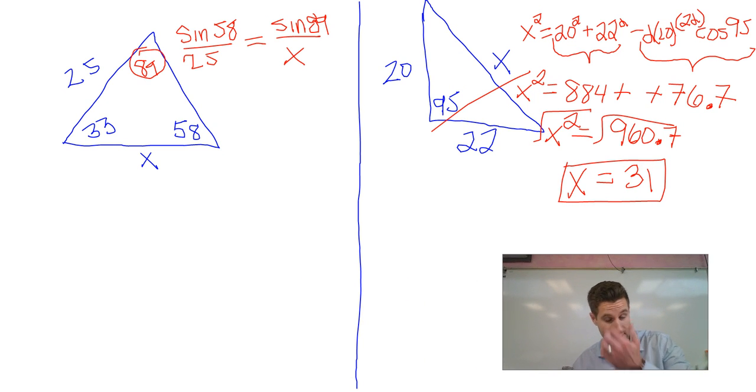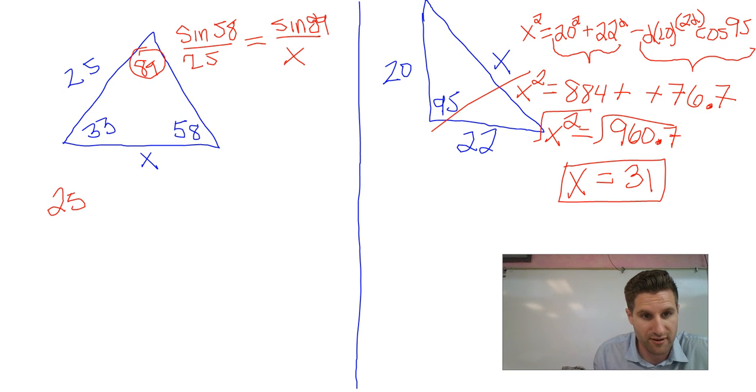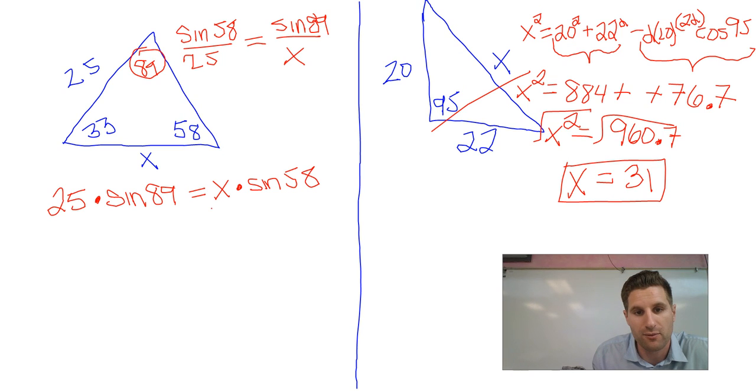Now we're going to do law of sines. Over here we're going to cross multiply, so we get 25 times sine of 89 equals x times sine of 58. Then we divide by sine of 58, and divide this side by sine of 58.